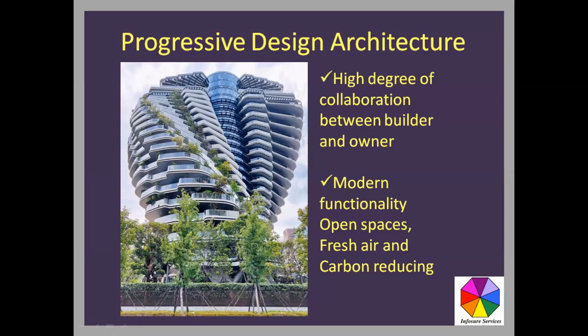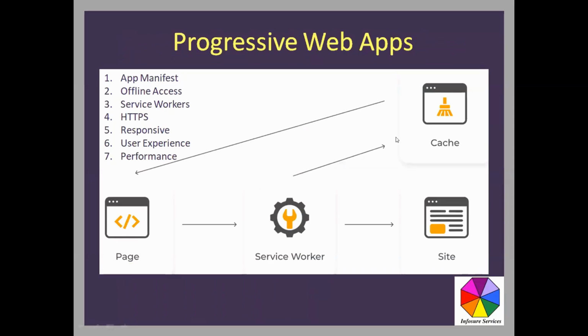So the same concept was taken to have a high degree of collaboration between the page memory, the cache, the site, the services, and this page to give better performance. That is progressive web apps, and more modern applications are using these.